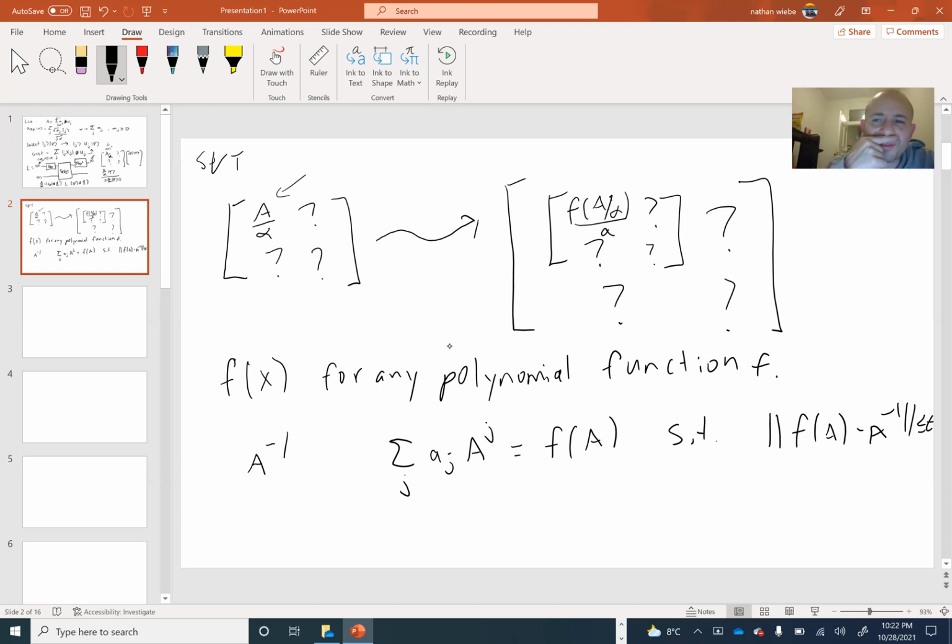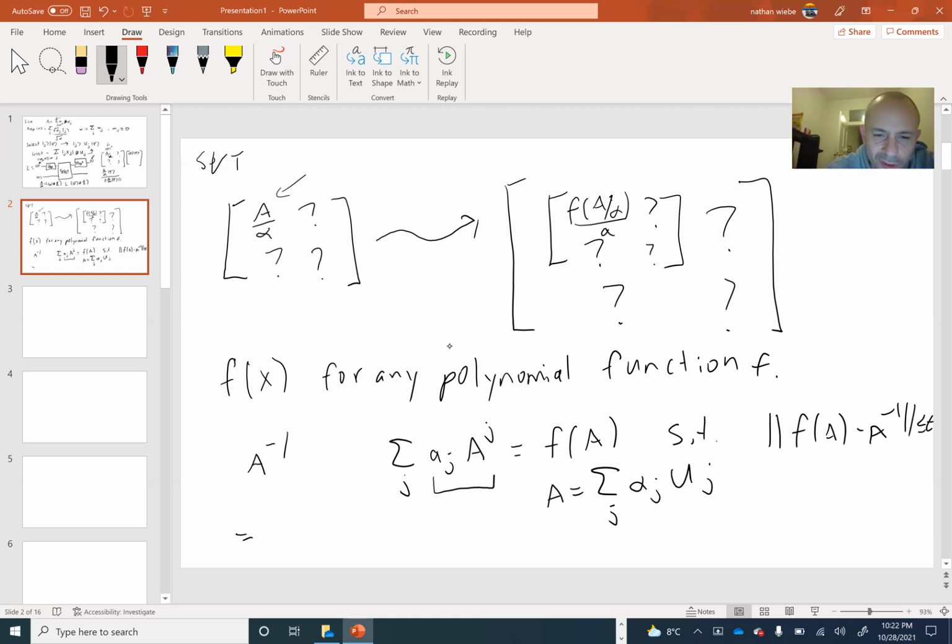But let's get a little more specific about the way that we're going to do it. The way we're going to build this is by using the same idea as we had before, except that we're going to express all of this as a linear combination of unitaries. And you can see that we can fundamentally do this because A itself is a sum of unitary matrices, alpha sub j, u sub j.